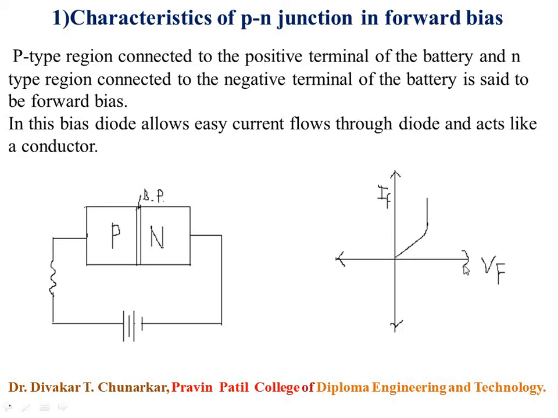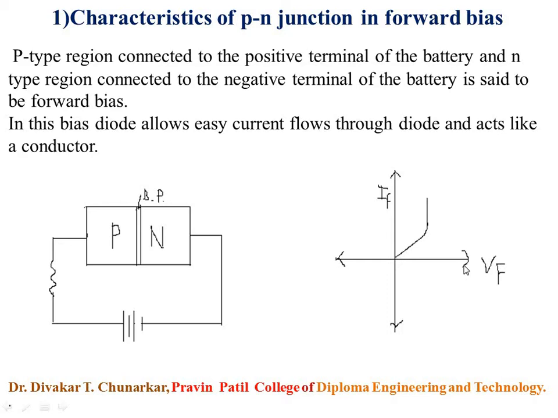In a PN junction diode, when the P-type region and N-type region are connected to each other to form the junction, it is called a PN junction diode.